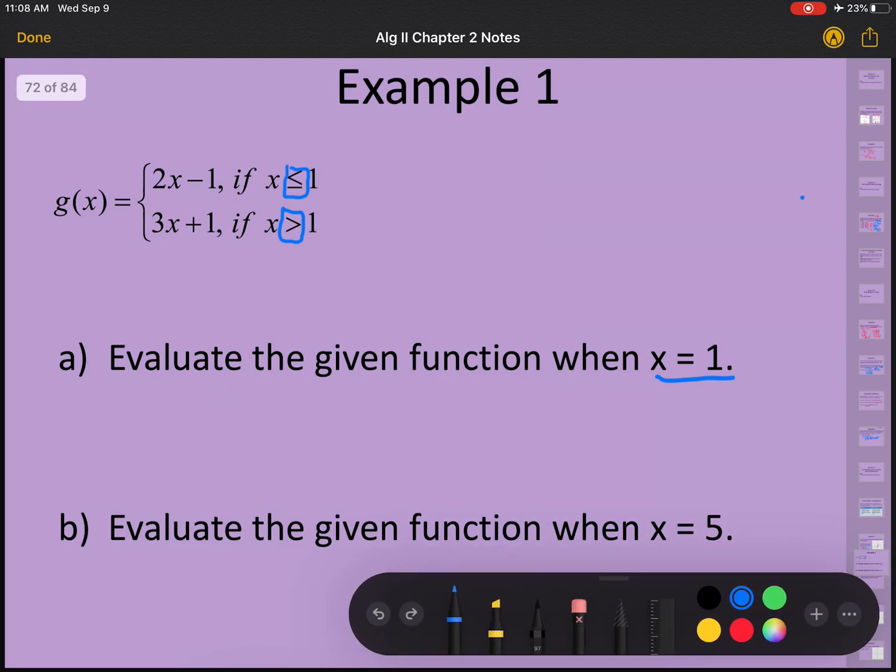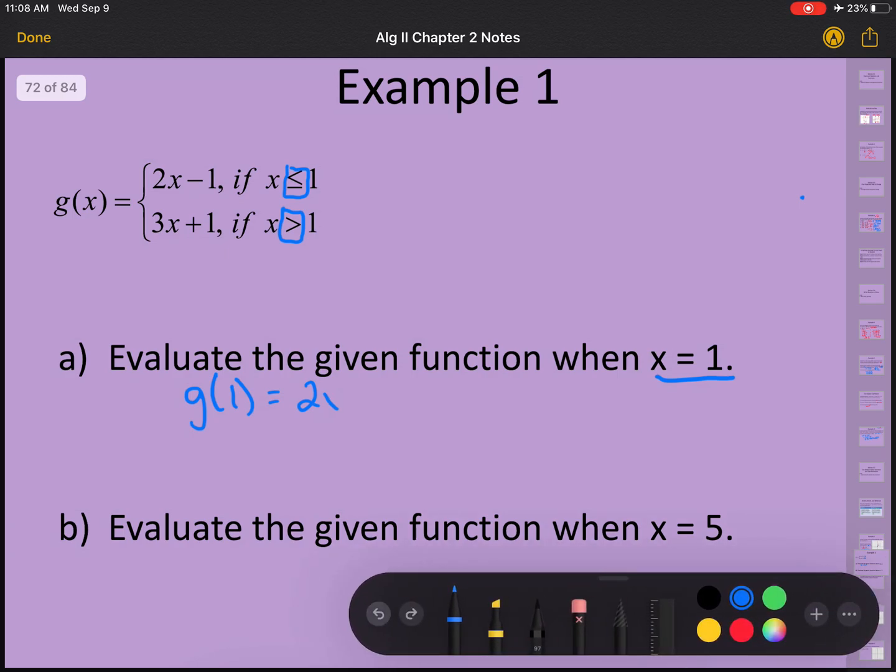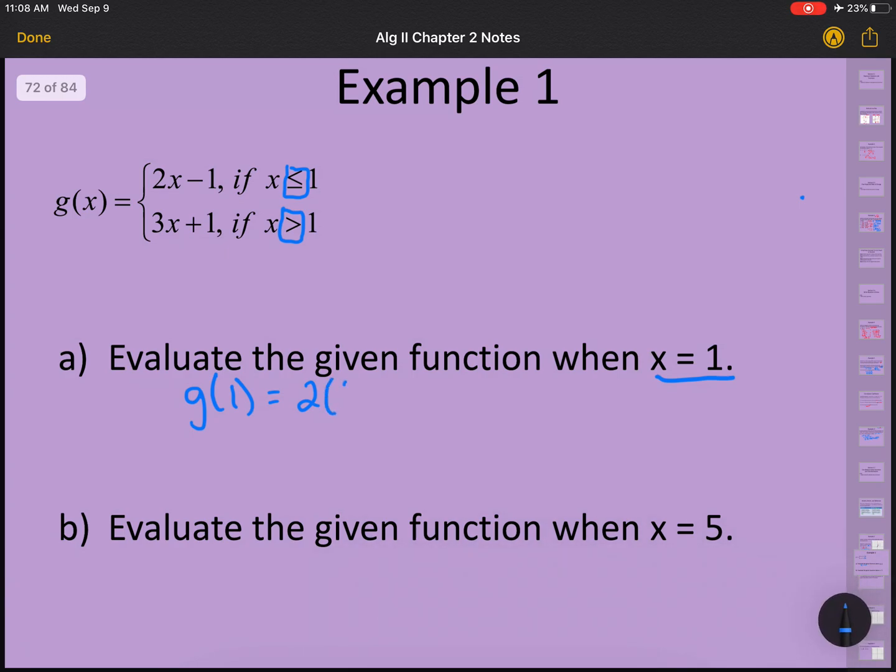I'm taking g of x, but I'm plugging 1 into it, so g of 1. And I use that first equation, and instead of x, I'm plugging 1 into it. Well, 2 times 1 is 2, minus 1, well, it just gives me 1. Evaluate it all the way down.